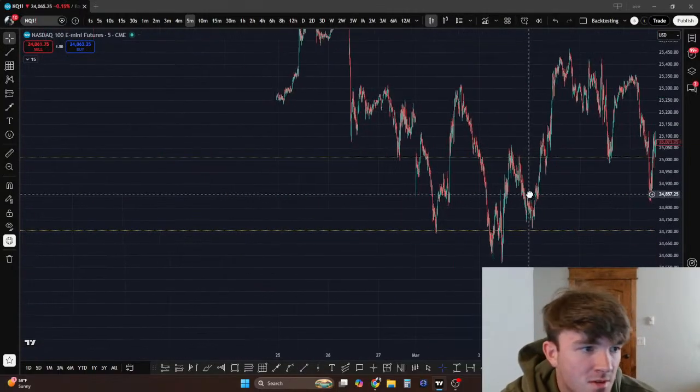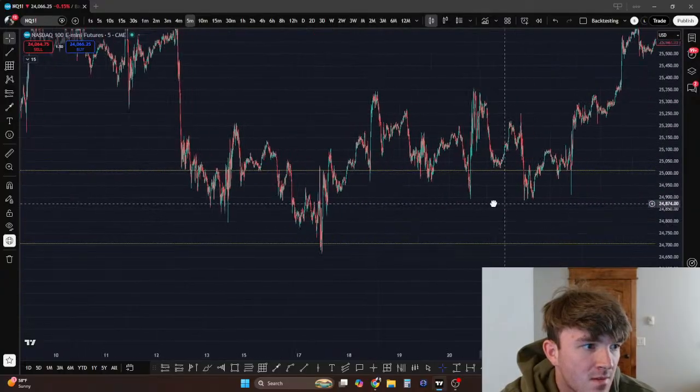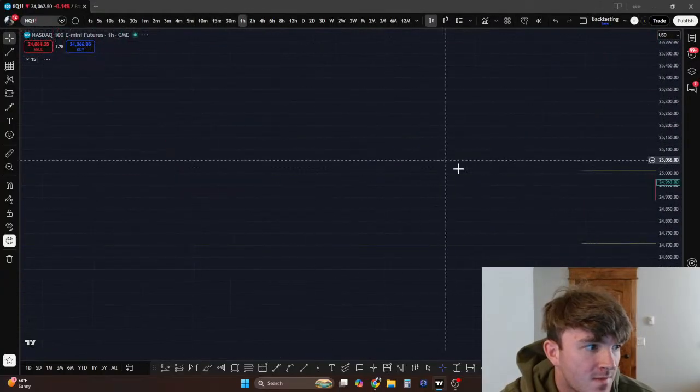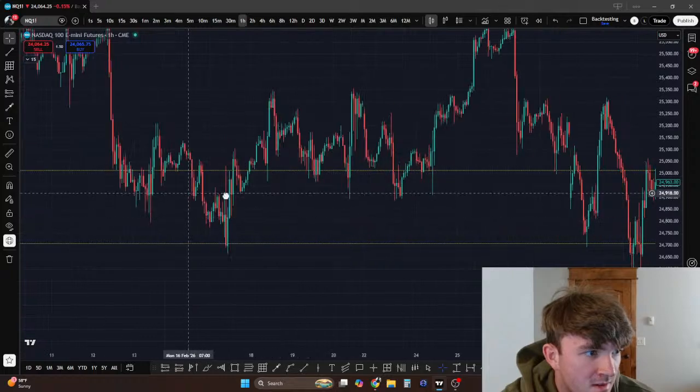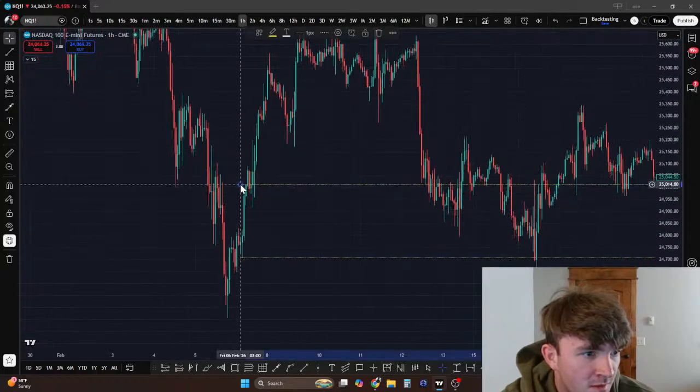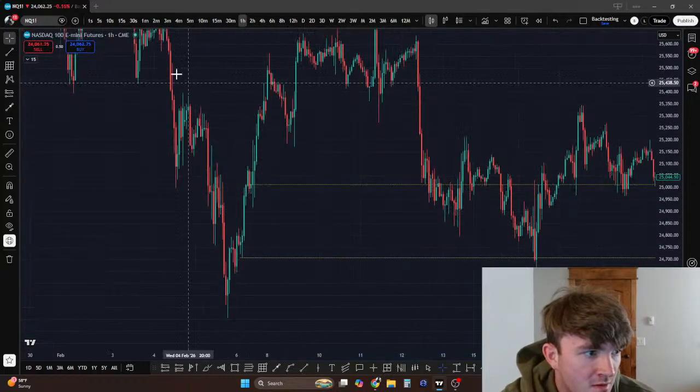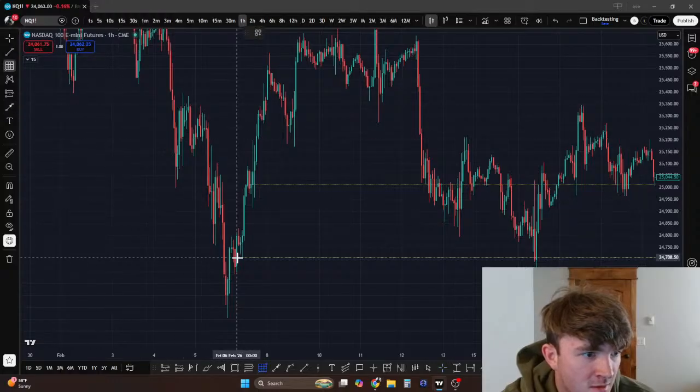That's so cool. The same thing does it, but with this 4 hour candle that we were trading within.